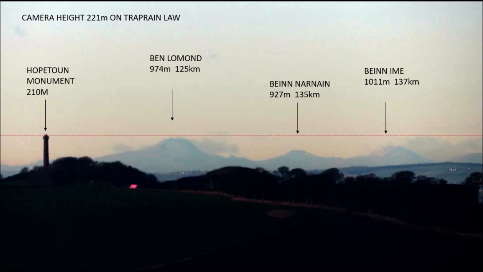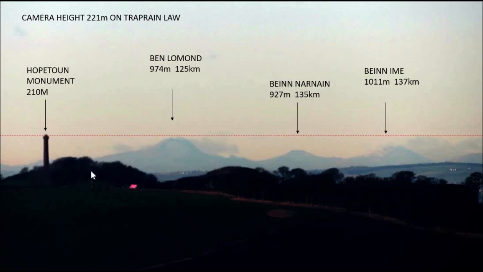There's a survey point there with a precise height measurement of 221 metres. Actually, my camera was a metre or a metre and a half higher up, but that actually makes the observation even more dramatic, as we'll see in a moment.